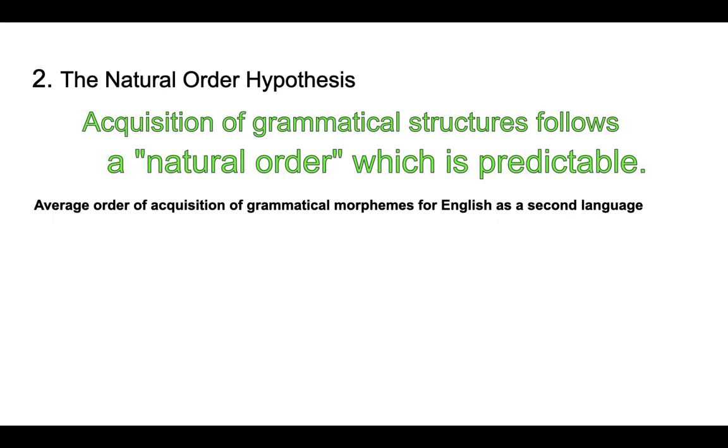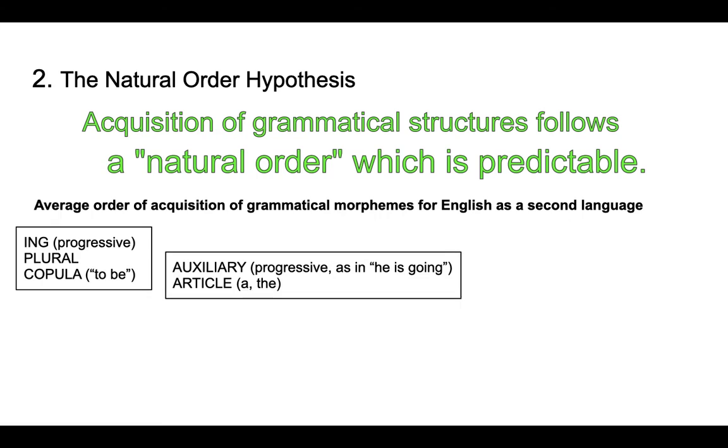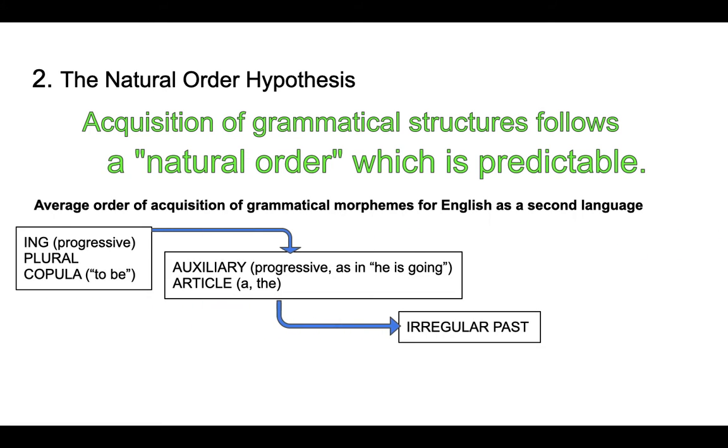This is the average order of acquisition in general terms of grammatical morphemes for English as a second language. I will just show them to you very quickly. And personally, I have seen this.